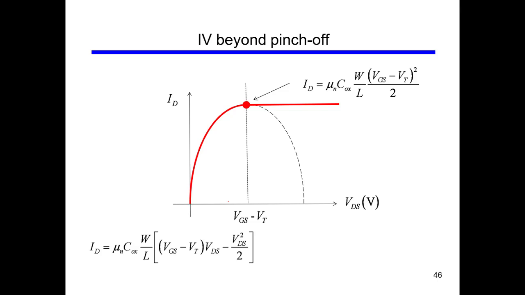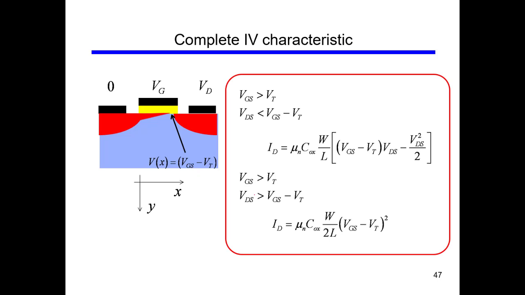Again, this is the same slide. Beyond the pinch off point, current saturates at a maximum value, and the formula is not followed further. So this is the complete summary of the characteristics of a square law device.